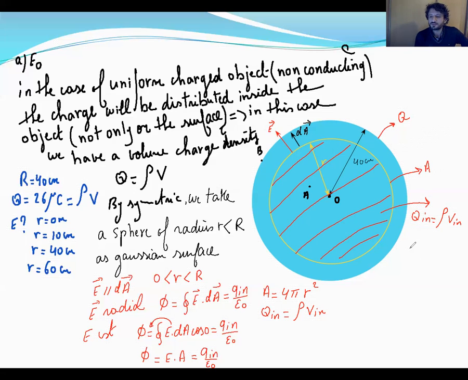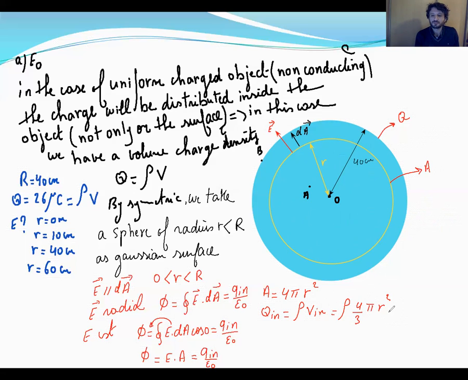Here we can say Qn equals rho Vn equals rho times 4 over 3 pi r cube.